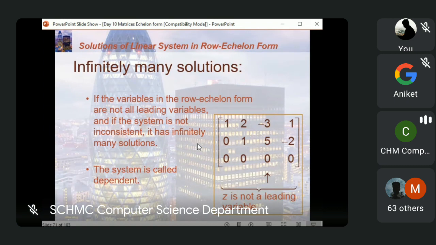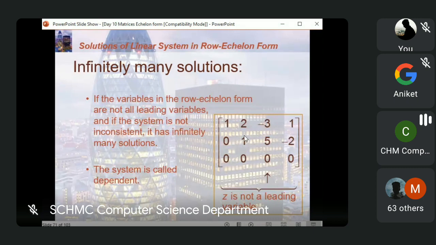If you compare this with the previous matrix, in the previous matrix all diagonal entries were 1. In this matrix, diagonal entries are 1 except at one place, the last row. That means if I have 1 in the first row, my x variable is there.